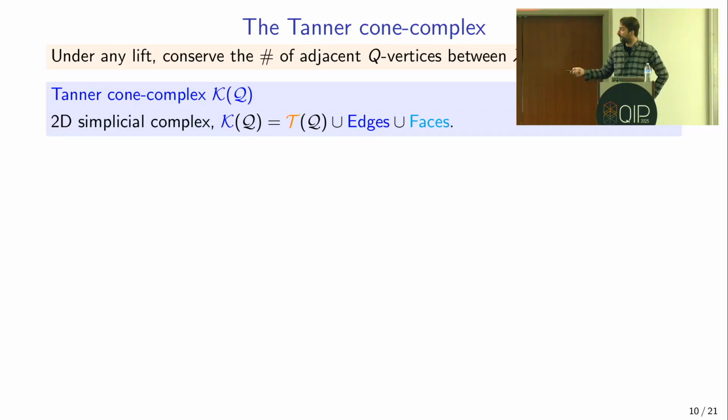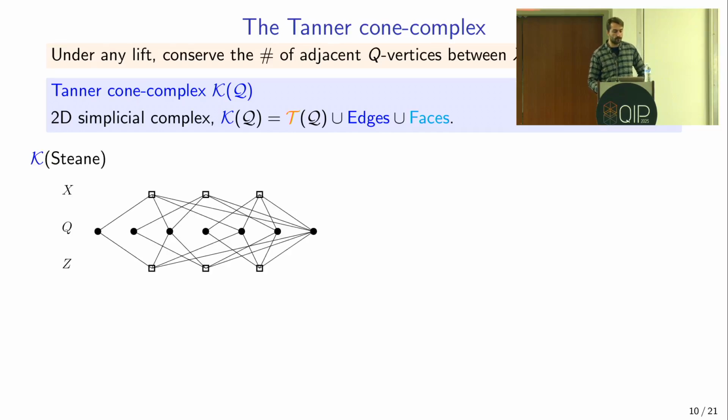So you start here from the Tanner graph of the code, the graph I just mentioned, and you add some blue edges and faces in the following way. We will look at an example because it's easier to describe. So let's look at the Steane code again. It's built first of all by adding an edge between any X and Z if they share some qubits.